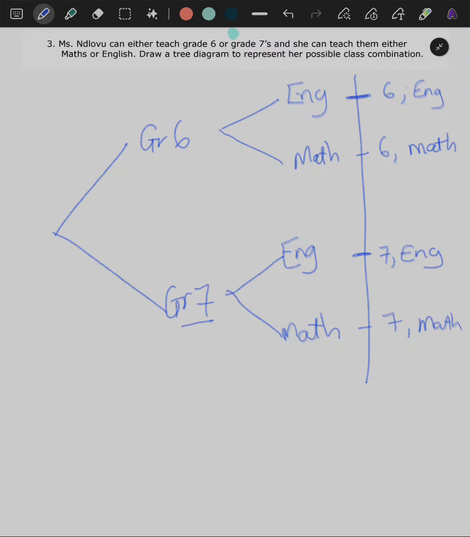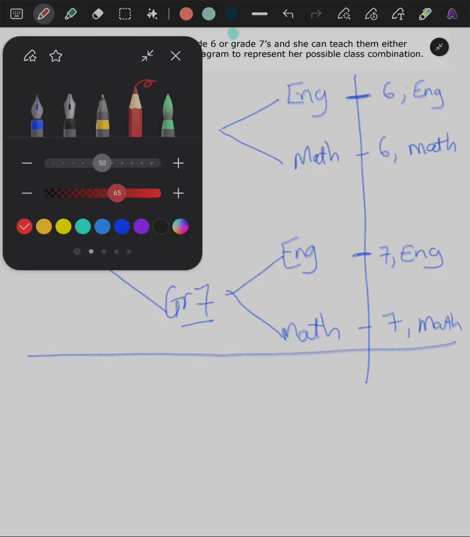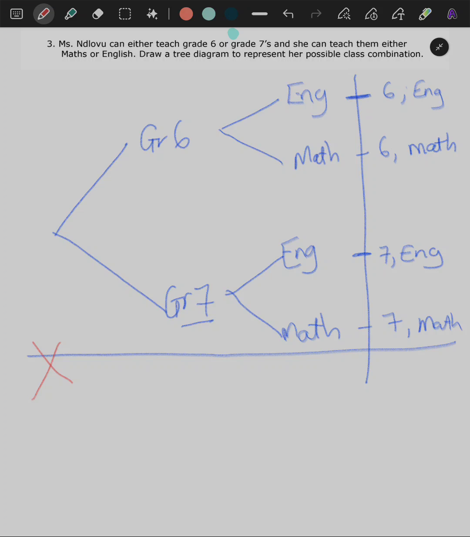I'm just going to point out a common error that I see, which is something we do not want to be doing. So this is a do not do this. We don't want to be saying grades and then subjects, and then 6 and 7, and English and maths.